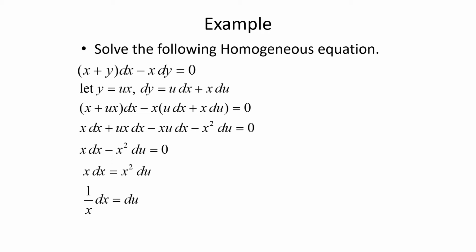So with our variables separated, we can integrate both sides of the equation. The integral of 1 over x dx equals the integral of du. So the natural log of x plus c is equal to u. Again, we didn't have u's as our original variable, so we need to transform that back.